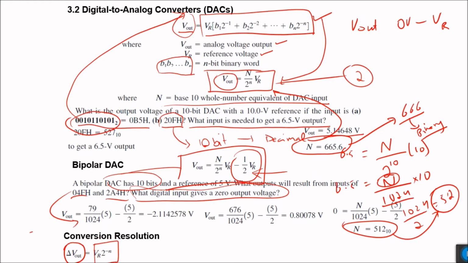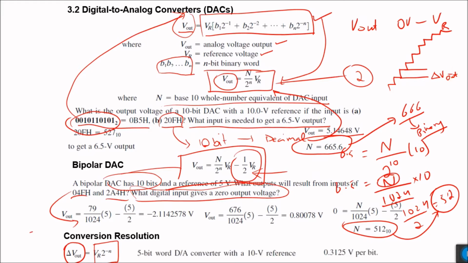And this means that the DAC output will be in the form of this. So there are steps, and this is the delta V out.